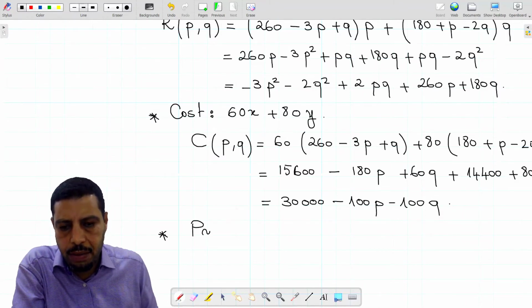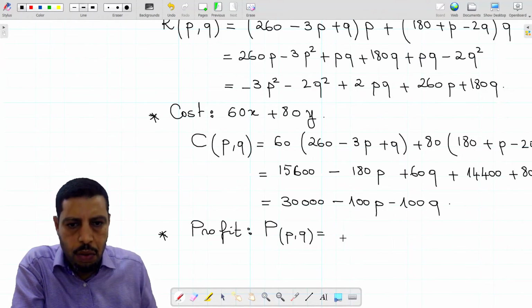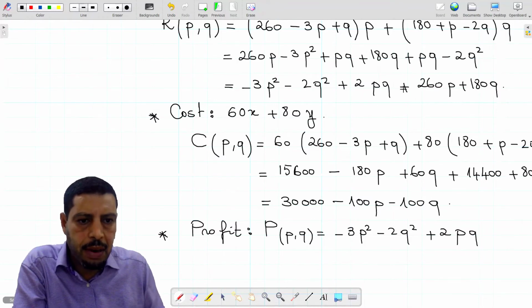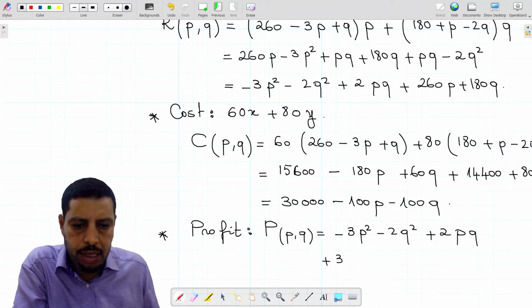So the profit function will be a function capital P of the variables small p, q, equals, we have minus 3p squared minus 2q squared plus 2pq. We have here plus 260p, and here it becomes plus 100p, so it's plus 360p.